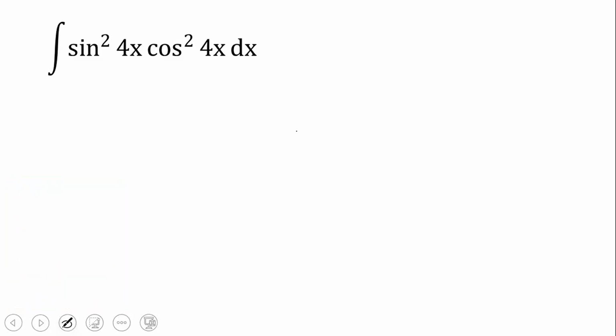So upon looking at the function, we can conclude that we cannot actually directly use the basic integration rules that we have, like the power rule, or the basic integration of trigonometric functions that we have.